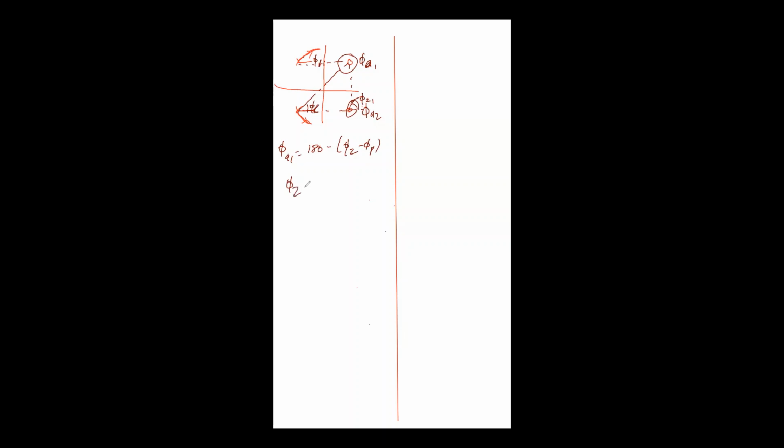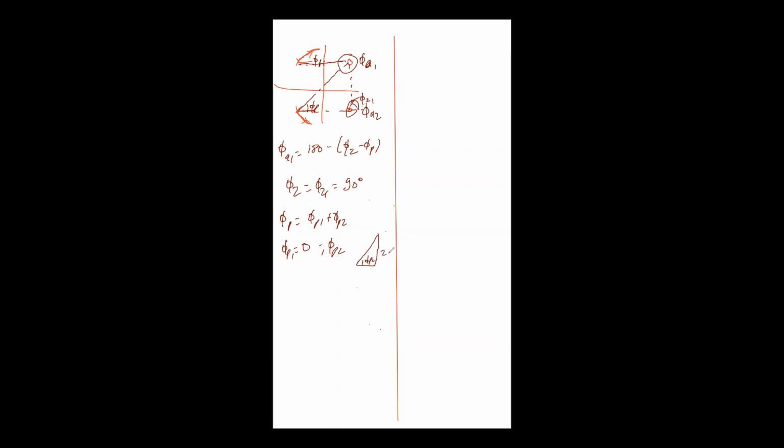You have to calculate phi z. Phi z is simple, it is equal to phi z1, which is 90 degree, and phi p will be equal to phi p1 plus phi p2. For phi p1, the angle contributed by this pole is 0, and phi p2 is this angle. You can draw the triangle if you want. This is phi p2.